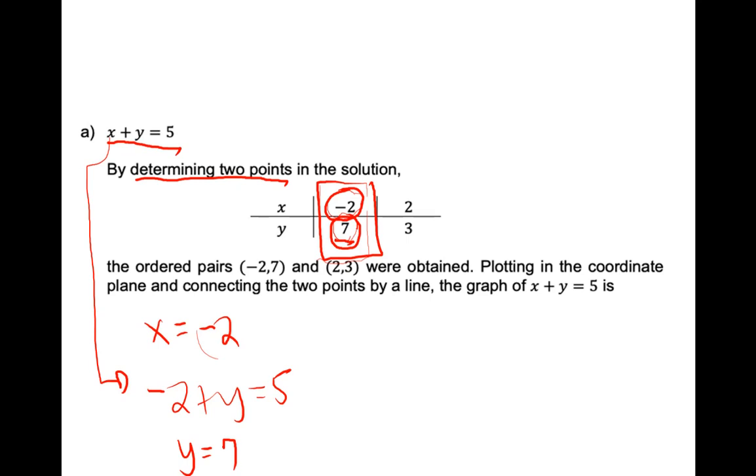So if we consider the value of x to be 2, by doing some manipulation sa ating formula, if na-substitute yung value of x dito sa ating equation, we will end up with a value of 3 for y when x equals 2. Dahil meron na tayong dalawang ordered pairs, pwede na nating ma-graph yung ating equation na x plus y equals 5.